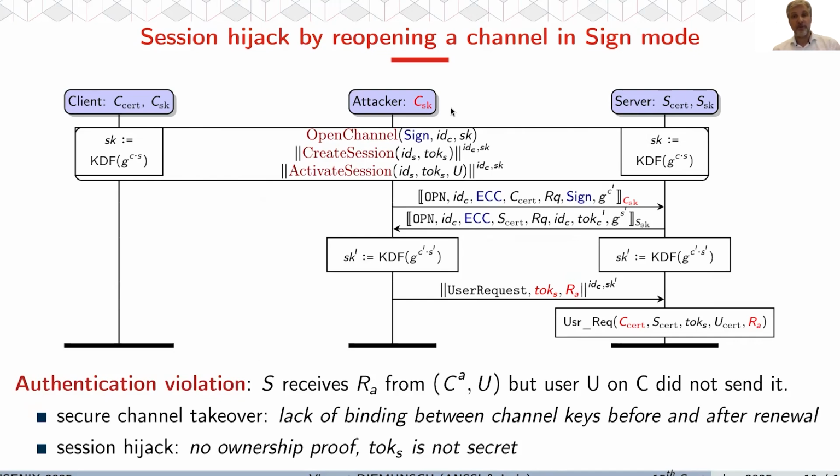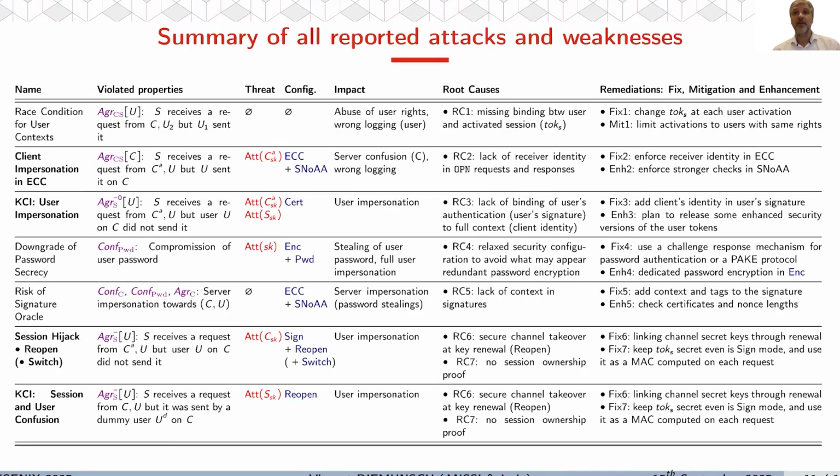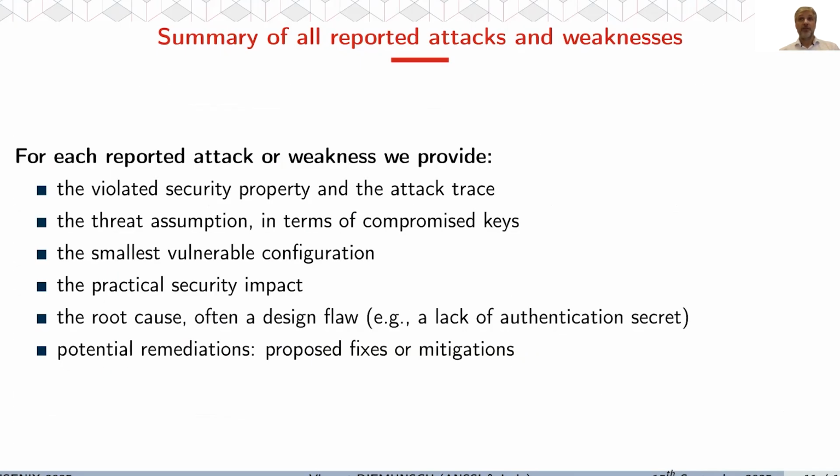In the paper, we provide a summary of all attacks and weaknesses that were reported to the OPC Foundation. For each reported attack or weakness, we provide the violated security property and the attack trace, the threat assumption in terms of compromised keys, the smallest vulnerable configuration, the practical security impact, the root cause, often a design flaw.